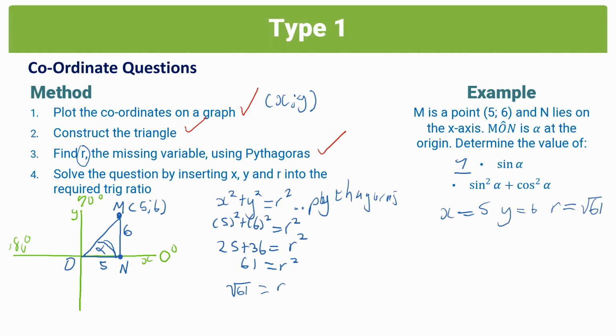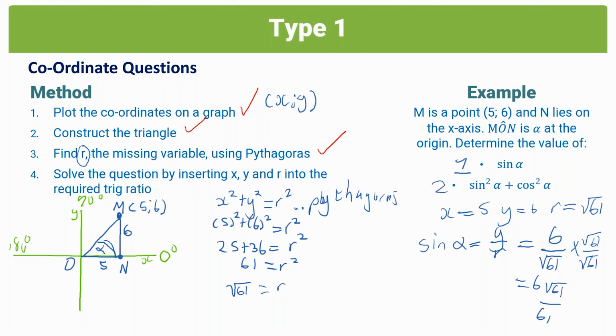So sine alpha is equal to y over r, and we can simply substitute in the values we've calculated, y being 6 and r being root 61, and this would be your answer. But if you're a bit more pedantic, you could rationalize your denominator by multiplying by root 61 over root 61. It's not required, but it's something I like to do. So your final answer would be 6 root 61 over 61.